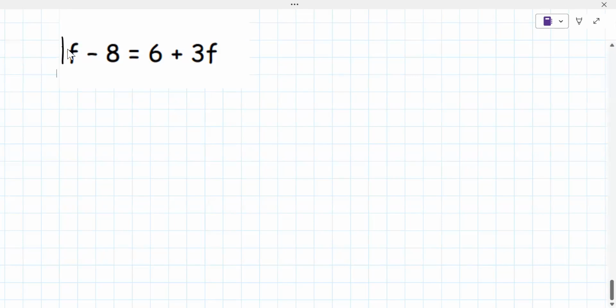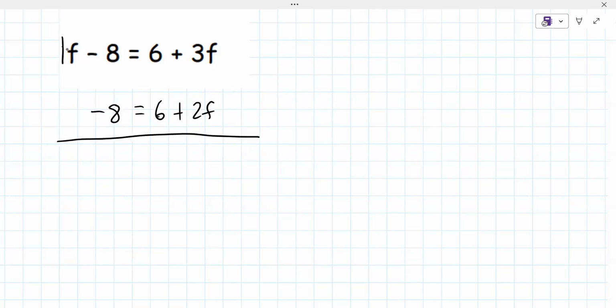I made it 2F because I subtracted 1. Okay, good. So it's -8 equals 6 plus 2F. And you're just looking at the side with the variable. That -8 isn't a consideration. So you've got a 6, a 2. What do you undo first?